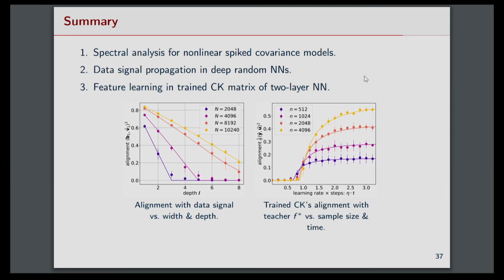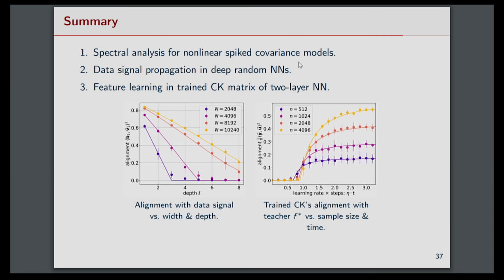Okay. As a summary, we first gave the spectral analysis for this nonlinear spike covariance matrix, and we presented a Gaussian equivalence of this nonlinear model with a linear model. As an application, we first considered the random neural network with multiple layers, and if the data set has some spike structure, how it produces a spike in each layer of the random neural network.